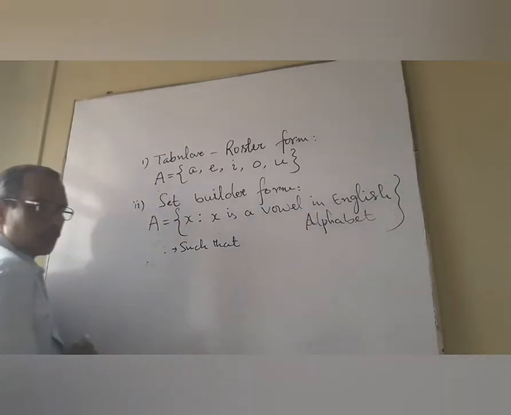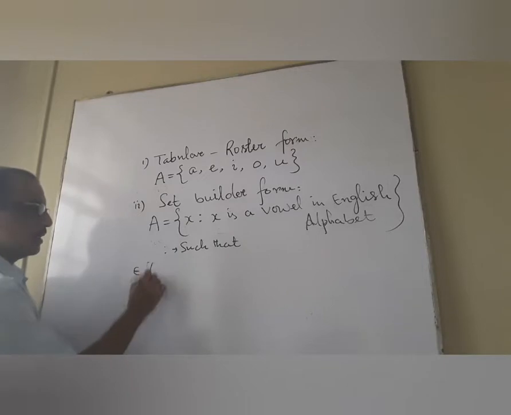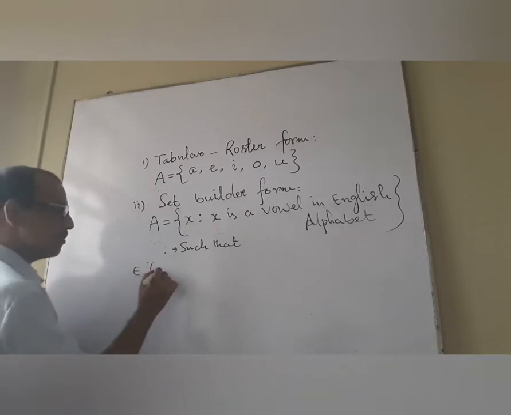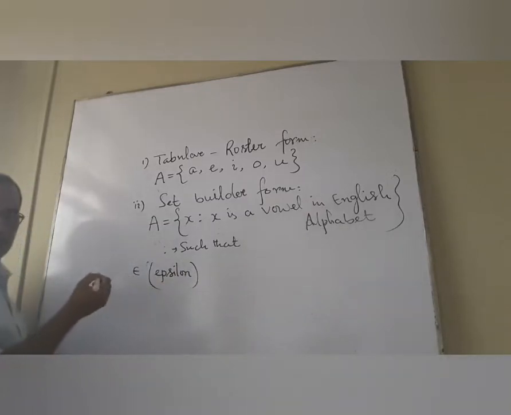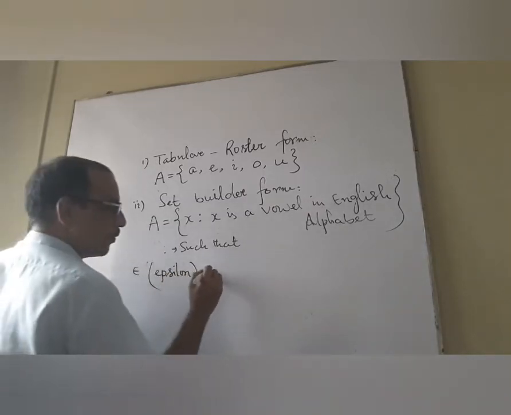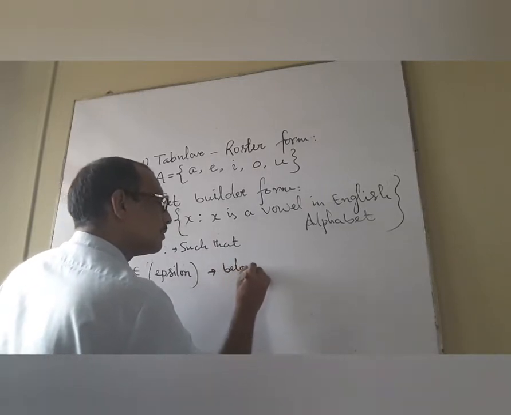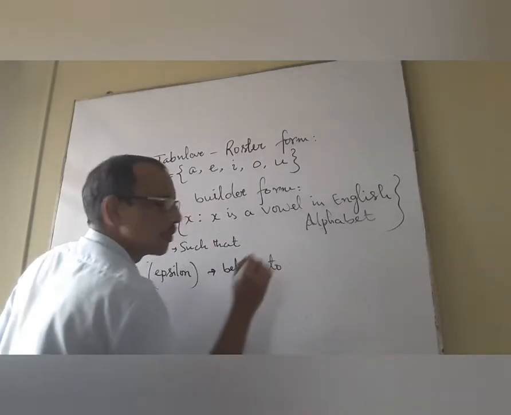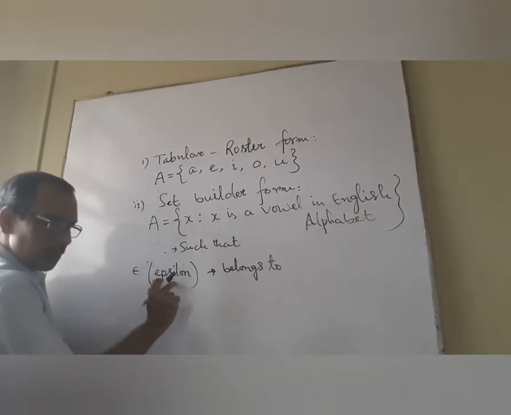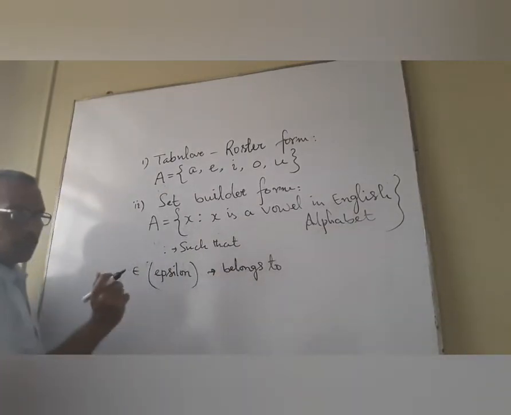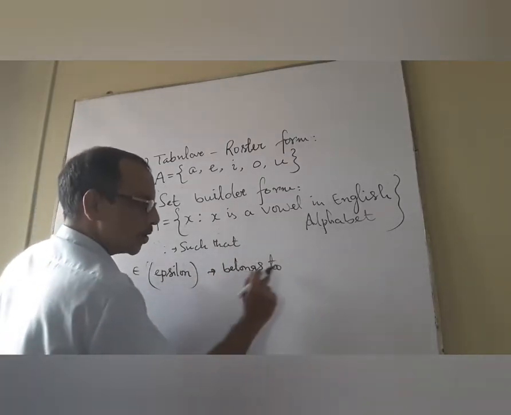Then we use one symbol. This symbol is the Greek symbol epsilon, but in set theory we read this one as "belongs to".